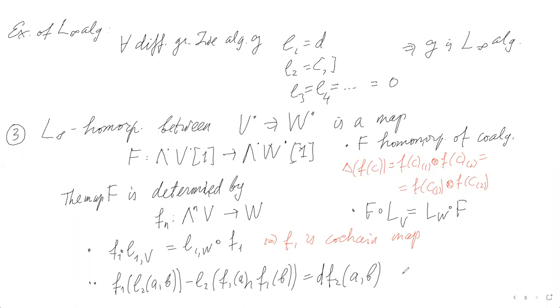So it says that even though F1 can fail to be a homomorphism of Lie algebras, on the level of cohomology it actually gives a homomorphism, because the difference between these two maps, which measures whether F1 is a homomorphism, is given by a coboundary. The coboundary is induced by F2.